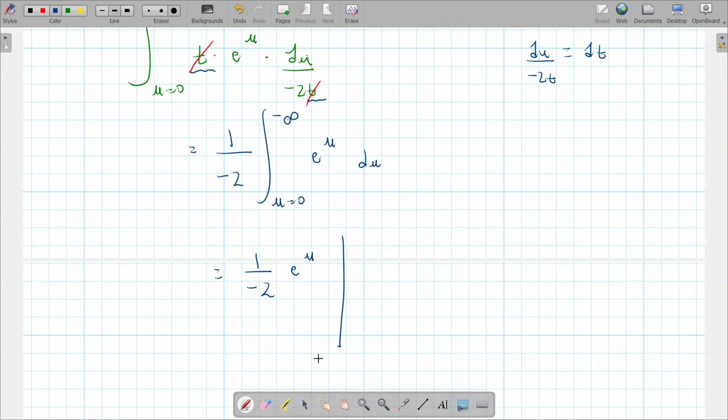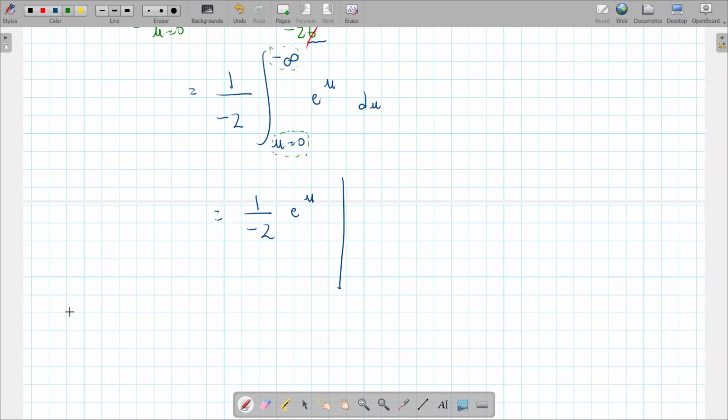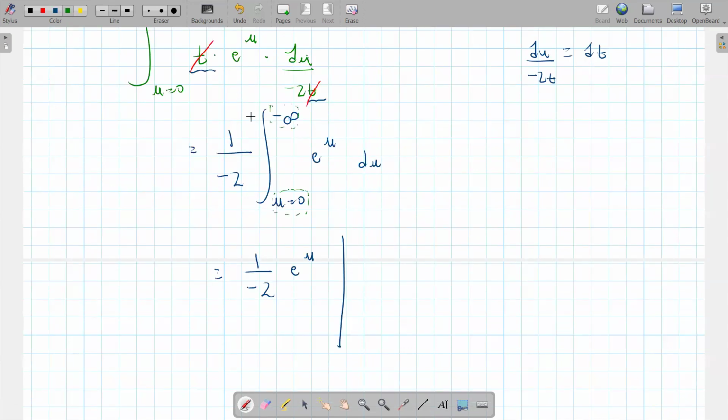There's one thing that I am missing. This should always be your lower bound, and this should always be your upper bound. That's how it was in the question, but when we did the substitution, the bounds have flipped.